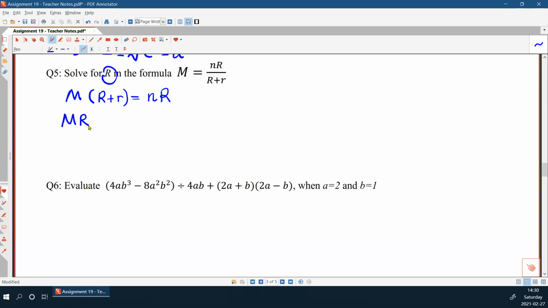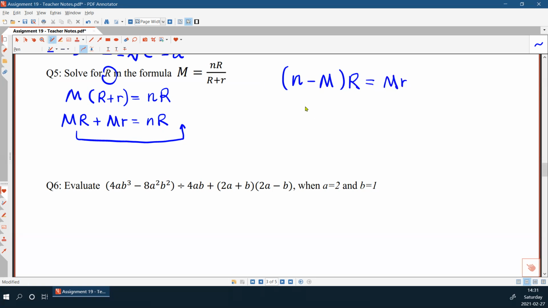And then let's expand the left-hand side. Next, we need to merge anything that contains uppercase R, so let's put MR on the right-hand side. And this gives you (small n minus big M) times R equals big M small r, right?